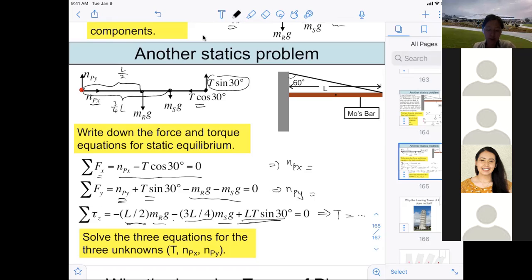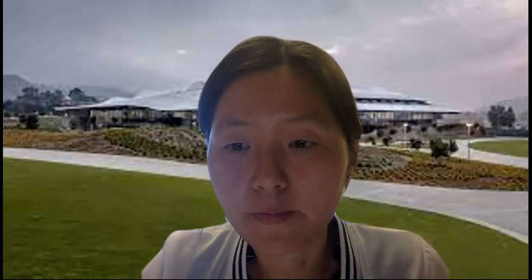Lastly, I want to end this entire chapter by taking a look at the Leaning Tower of Pisa. That is a famous place in Italy, right? And it's tilted. So how come the tower does not fall?